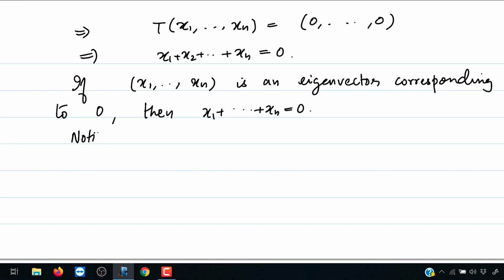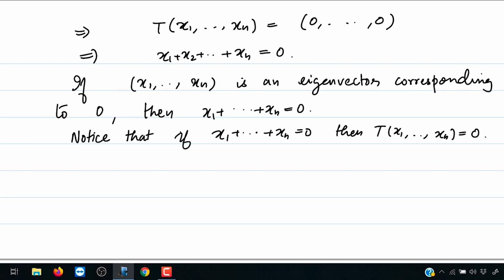Notice that, or check that, if x1 plus x2 plus up to xn is 0, then T of (x1, x2, up to xn) is equal to 0, which is 0 times (x1, x2, up to xn).